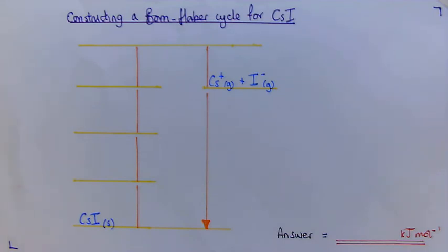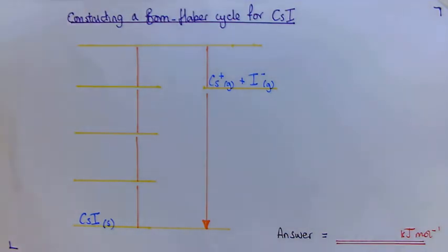Now these are like a really glorified Hess's law cycle. So if you follow exactly the same principle as a Hess's law cycle, you'll be fine. It's the idea that the total energy change is the same regardless of the route taken. Born-Haber cycles are typically talking about the energy required to make an ionic compound.